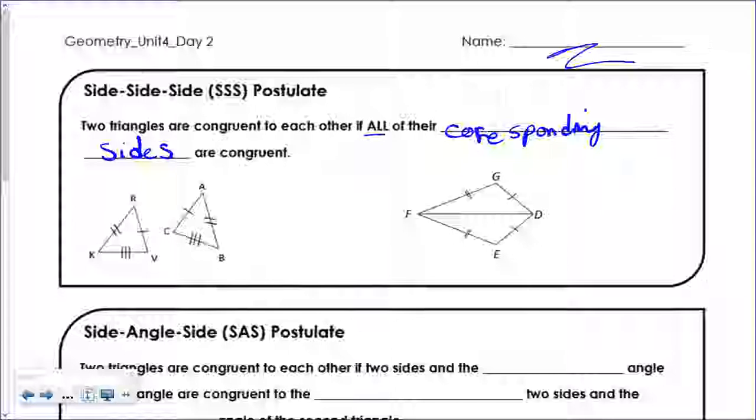This doesn't mention angles at all. We do know that congruent shapes are going to have congruent angles, but for this rule, all you need to know is that the sides are congruent, and then you can conclude that the angles are congruent later.